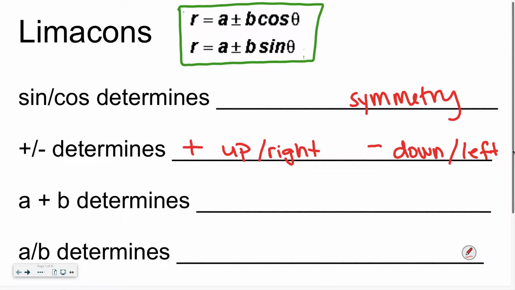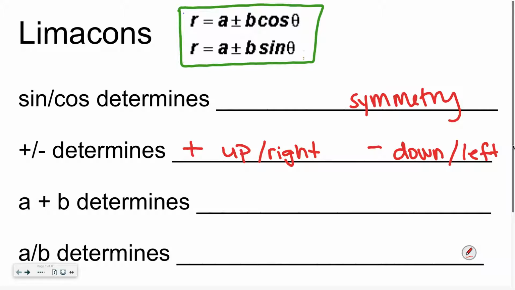a plus b. If we add a and b together, any ideas what that's going to do? What's something I make you identify on that list?